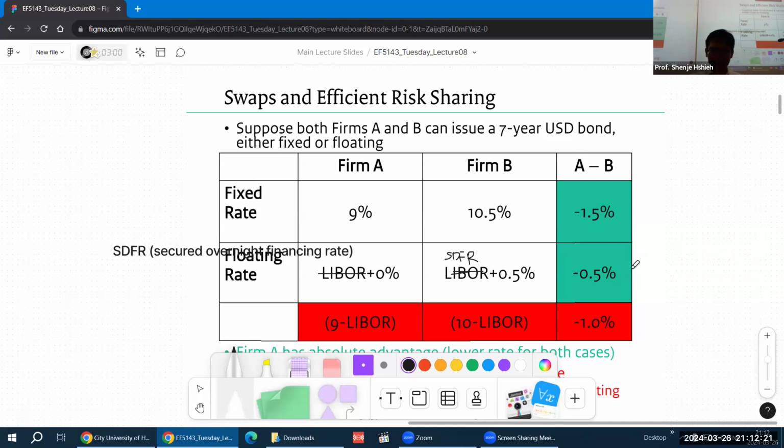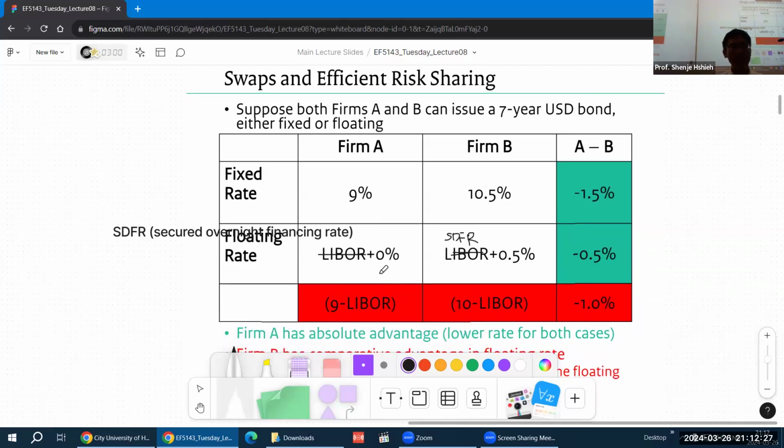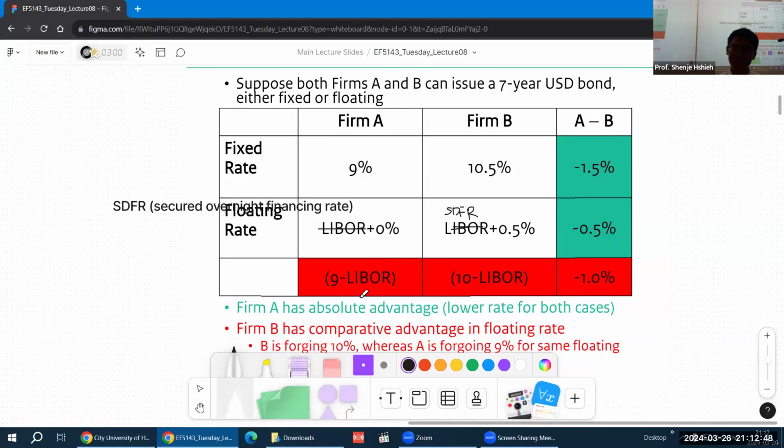In the bottom row, I have the difference between fixed rate and floating rate to show you the rate that they're giving up when they borrow floating over fixed. Firm A is giving up fixed, and the opportunity cost, the interest rate they're giving up, is 9 minus LIBOR. For firm B, if it chooses floating instead of fixed, they are giving up 10 minus LIBOR.